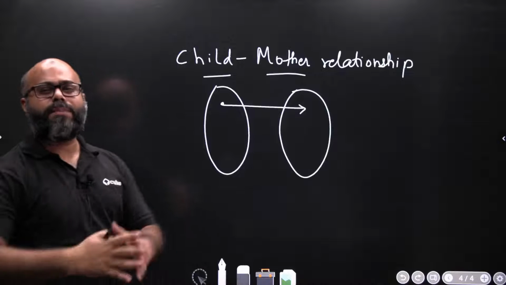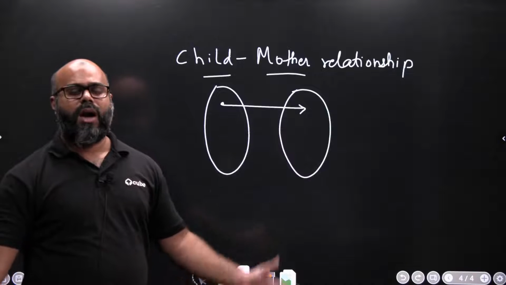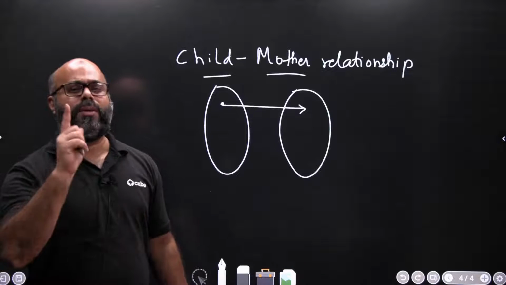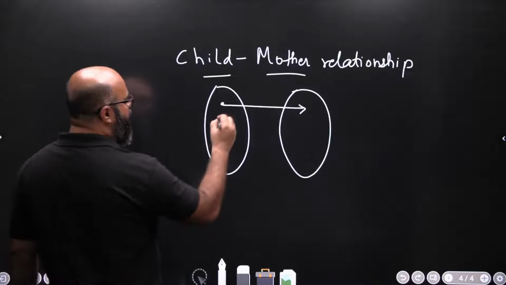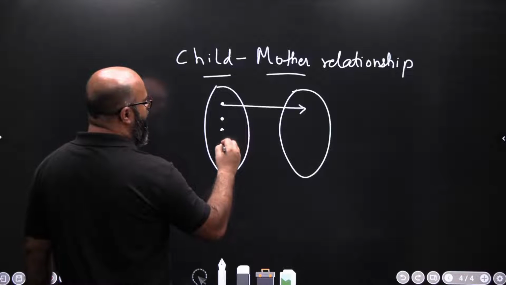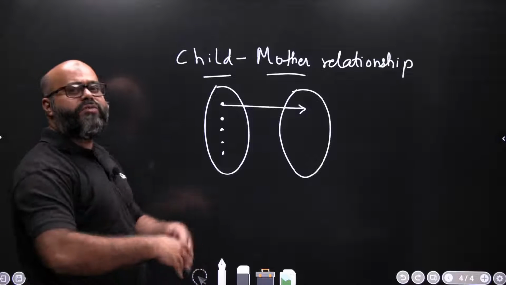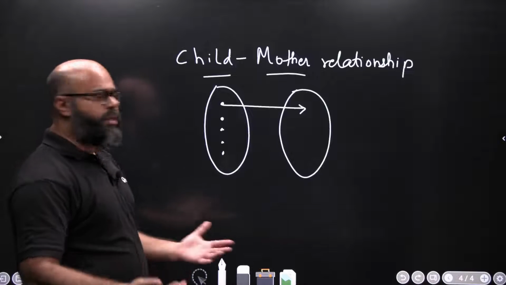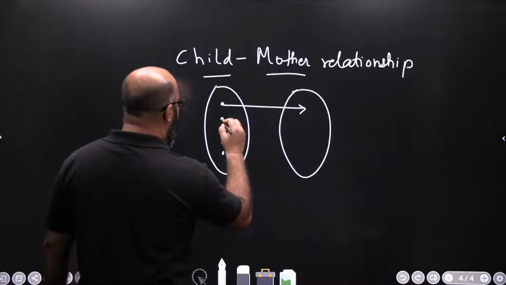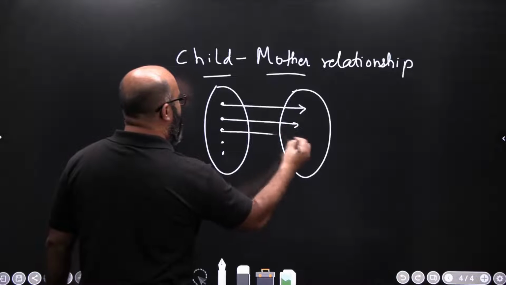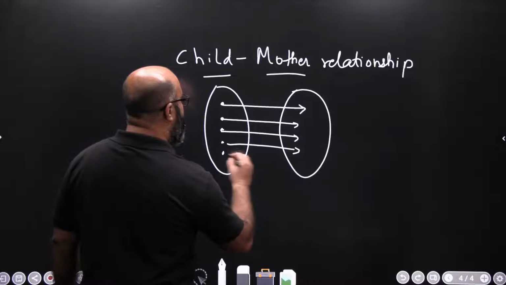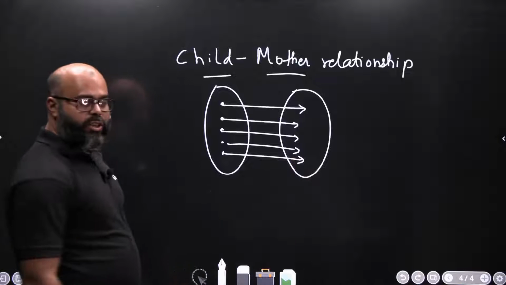There can't be multiple mothers of a single person. A person can have only a unique mother. Similarly, there is no child whose mother is not there. There is no child without a mother. Everyone is born with a mother. So there is some mother for every child. So this is actually satisfying the function concept.